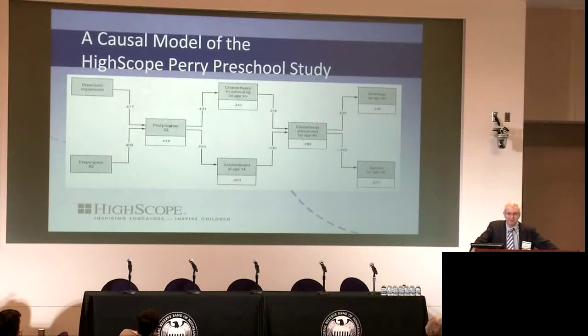But I want to concentrate on one particular aspect of that, and that is the post-program IQ. It's the gateway variable. It's the mediator that leads from the preschool experience to all the long-term effects. Now, I'm no really big fan of IQ, but there it is right there, and it's pretty powerful.